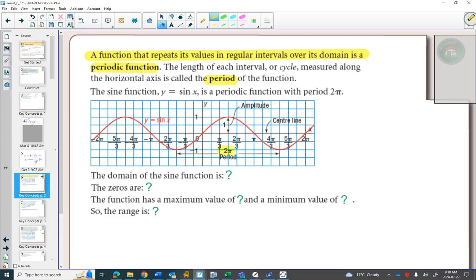So the first thing that we notice, and I would actually probably start from 0 because that's what our circle does. We think about our unit circle, we think about starting at 0.